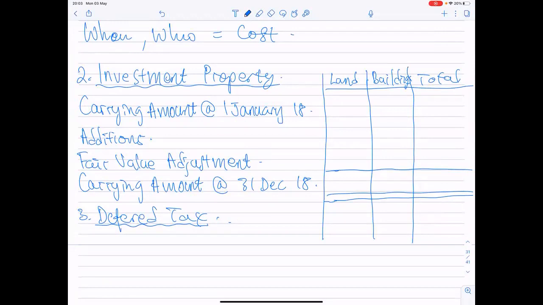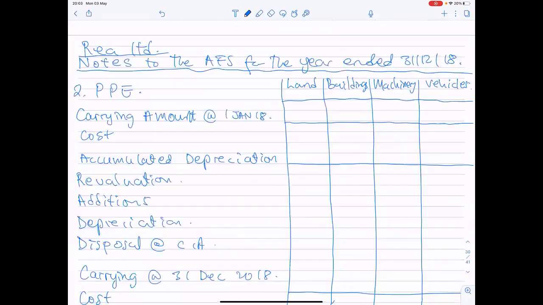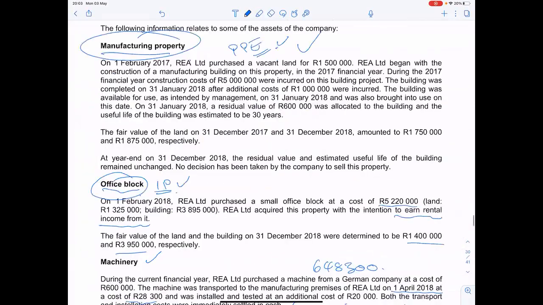Now, you start with the 3 marks, good people, the easy things in the examination. So I can easily start with my investment property. Investment property was acquired on the 1st of February 2018, which is during the year. Are we together?